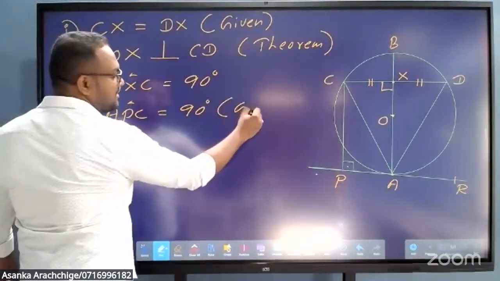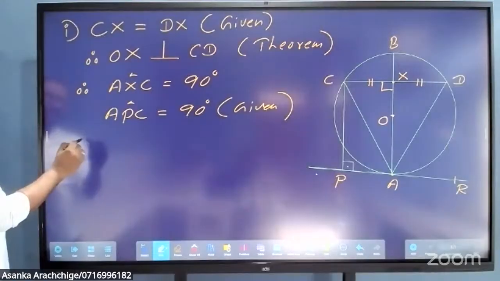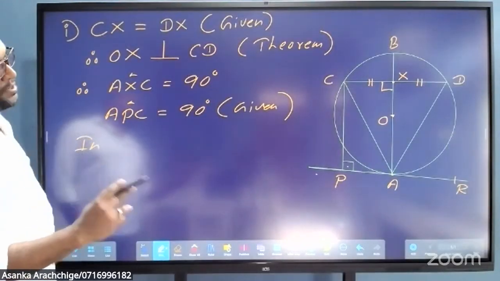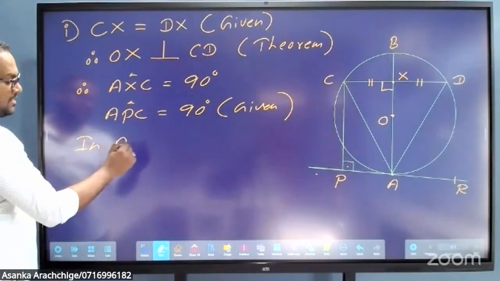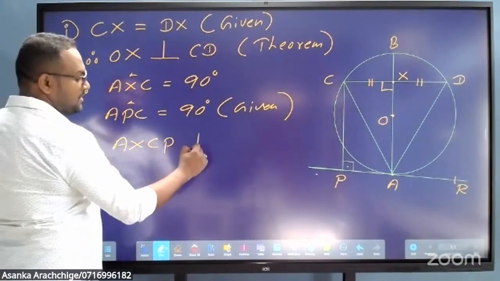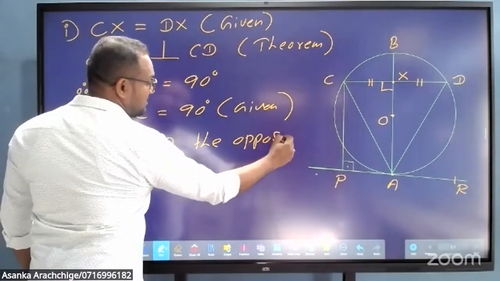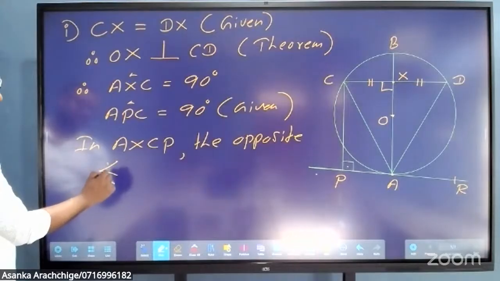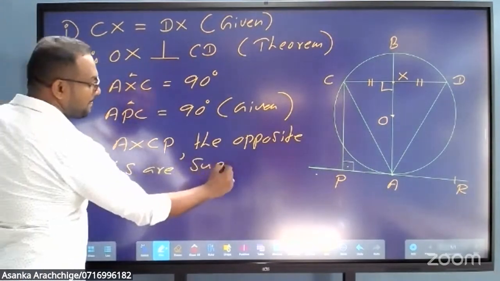This is given. Therefore, you can say in AXCP, the opposite angles are supplementary.